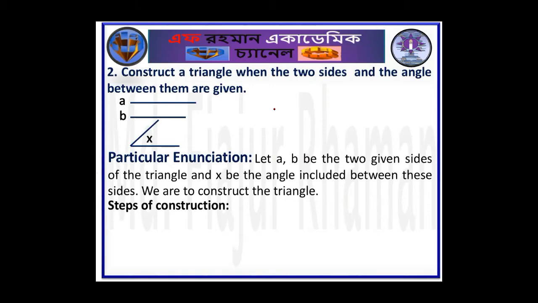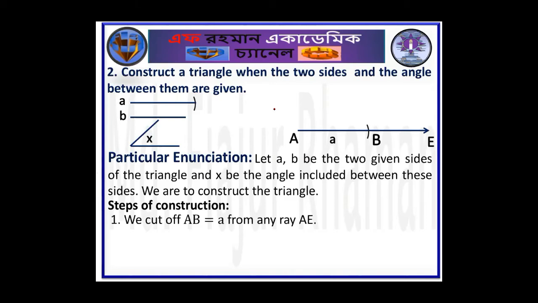The same way you should consider the ray AE, and then we cut off AB equal to A from any ray AE. Just see this step 1.